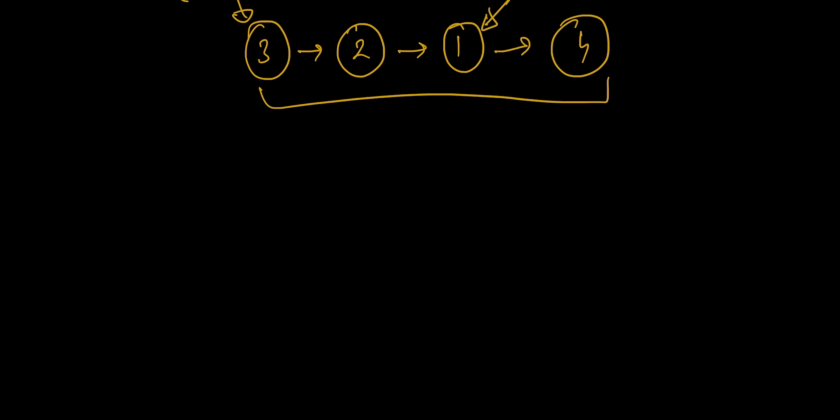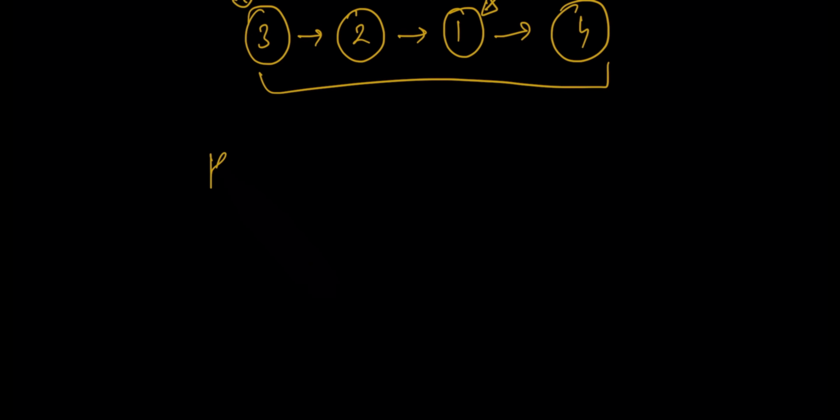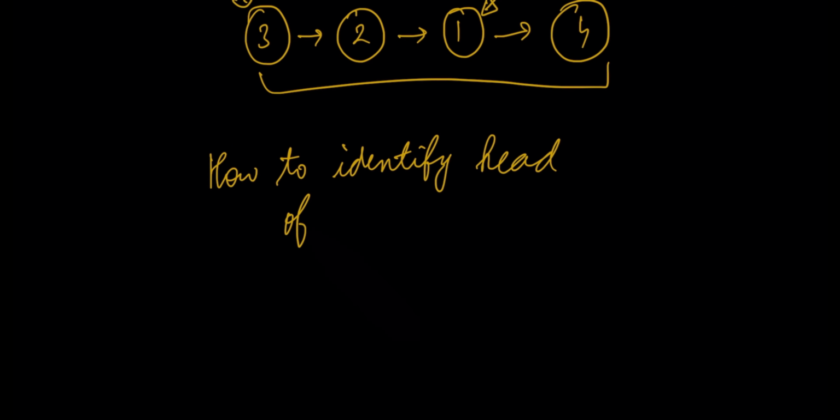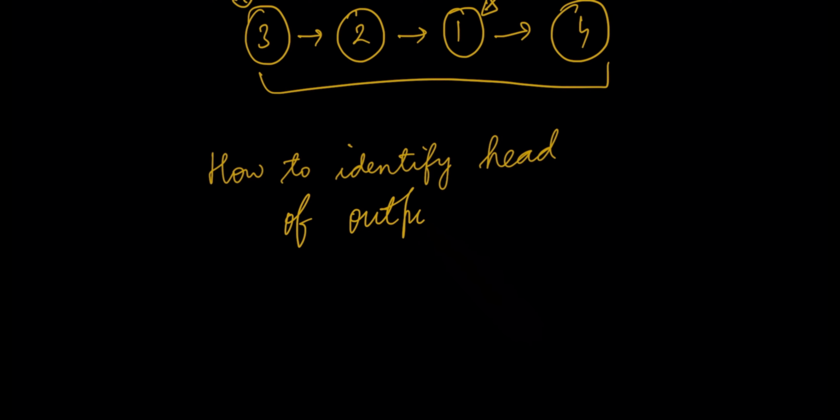So how to identify the new head? How to identify head of output linked list?